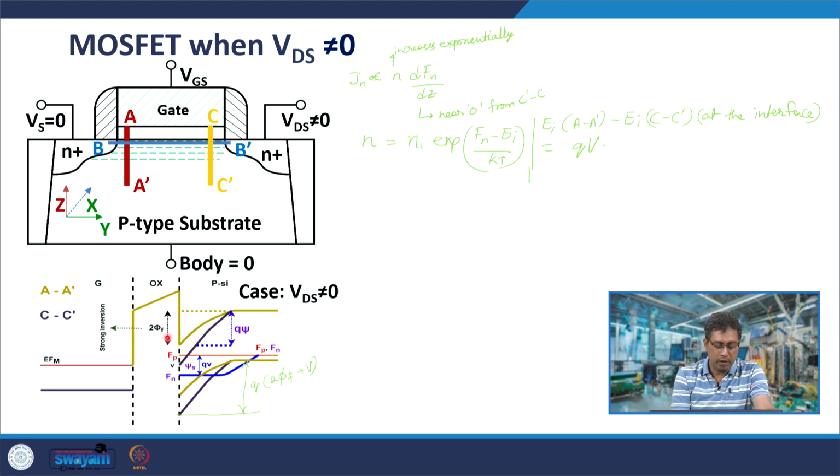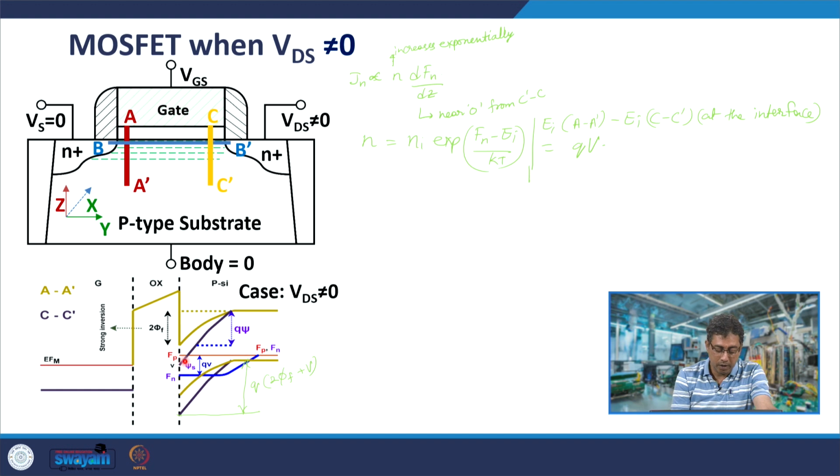So, this is the quasi-Fermi level at the interface along A prime. If Ec minus Fn has a certain value along A prime, then Ec minus Fn at the interface along C prime would also have almost the same value.